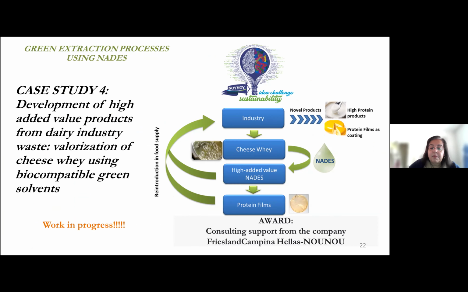And some months ago, we took part in a contest, Idea, Talent, Sustainability, organized by Friesland Campina Hellas, and we were awarded the consulting support from the company in order to exploit the cheese whey, which is a main byproduct of the dairy industry, in order to make new protein films or protein rich extracts in order for them to exploit them in high protein products and protein films as coating.